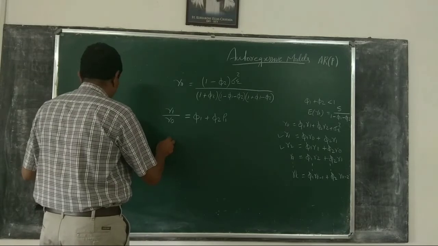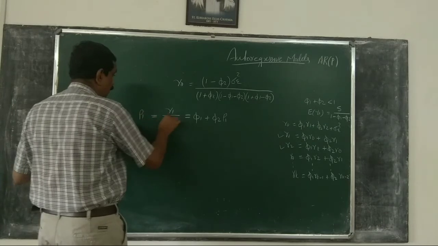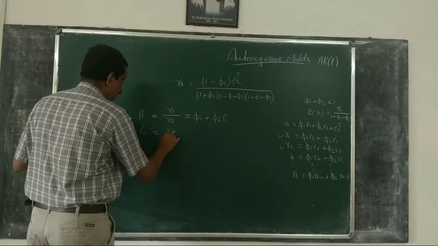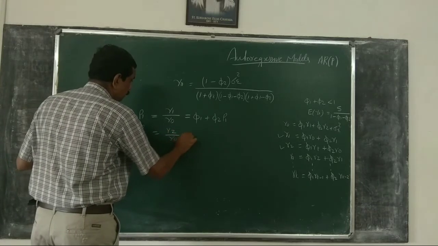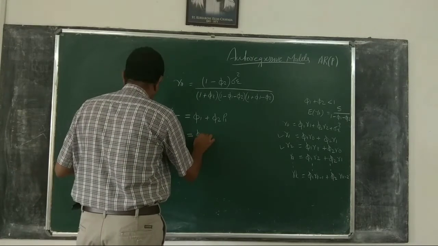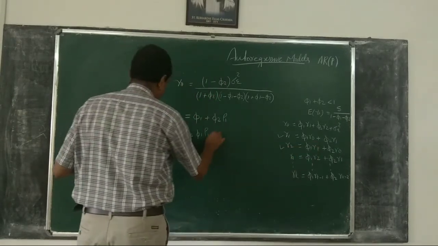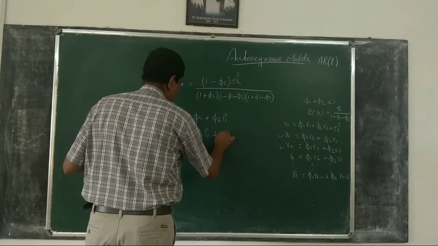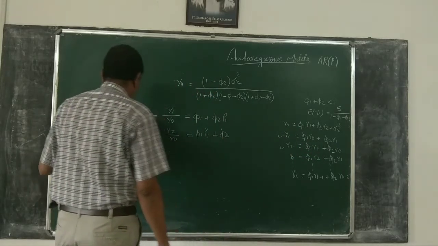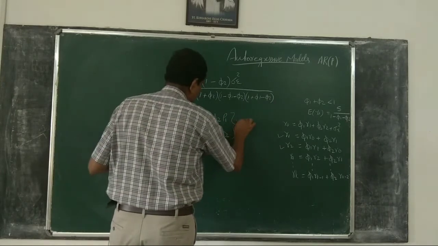And so rho 1 is equal to gamma 1 by gamma 0, and rho 2 is equal to gamma 2 by gamma 0, which is equal to phi 1 rho 1 plus phi 2 gamma 0 by gamma 0.